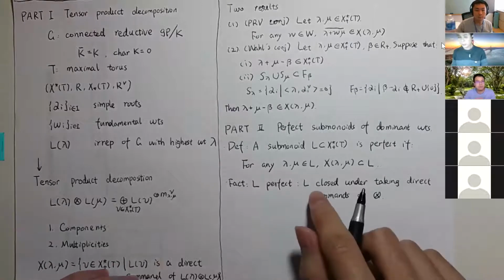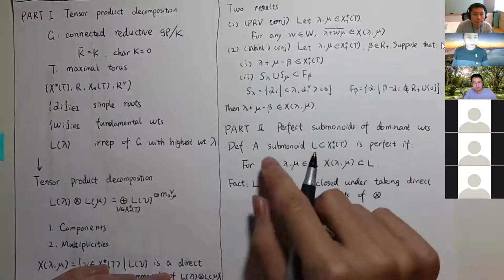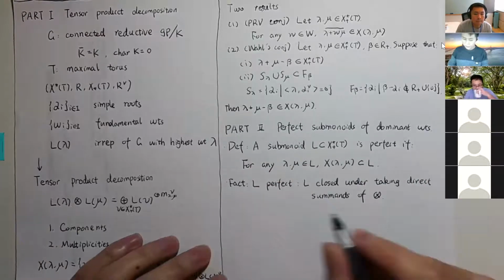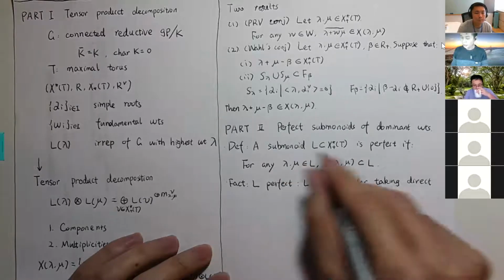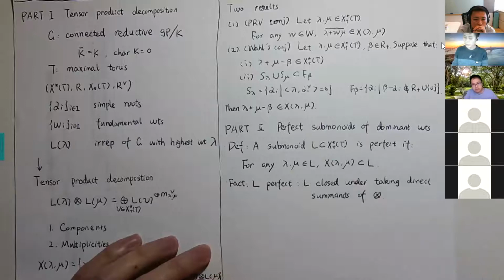So this is somehow a type of closedness for these submonoids of dominant weights. Okay, so let's see some obvious examples of this kind of perfect submonoids of dominant weights.